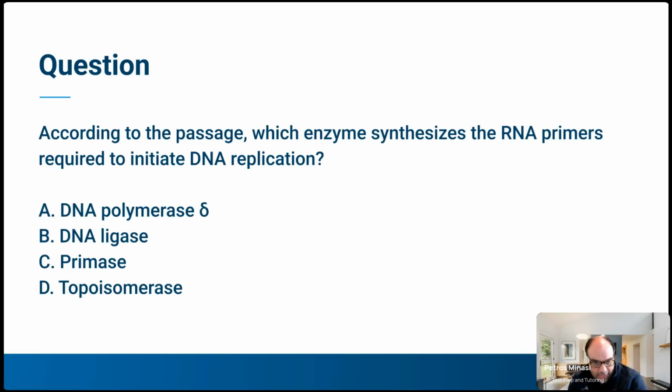The word polymerase means that it is the thing that is going to be making the actual DNA. It's the one who's making it. So we know that information. DNA polymerase delta is the one that, the first paragraph said, subsequently takes over elongation on the leading strand. So that's not the thing that's going to be initiating the DNA replication.